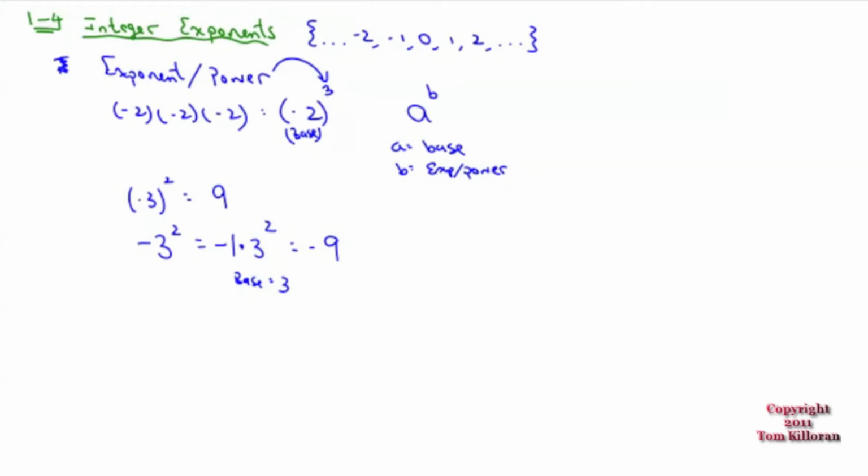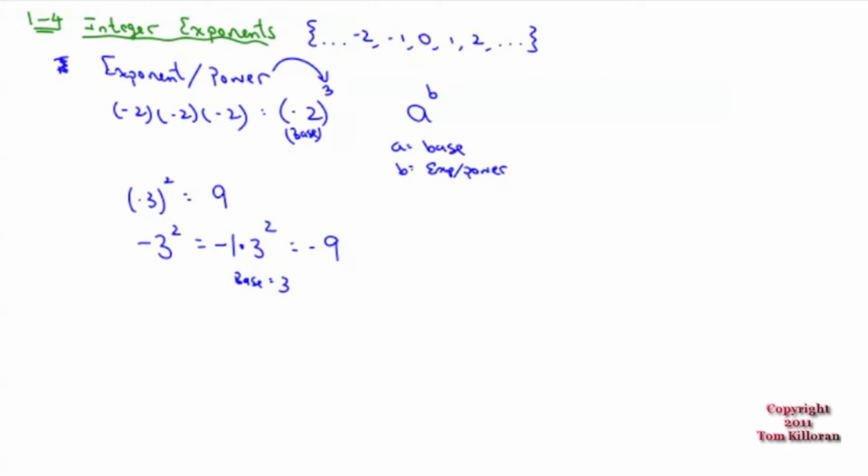Now, older calculators, I don't see anybody that has an older calculator. It was backwards calculation. You would type in 3 first, and then the negative, and then hit square, and your answer would come out positive 9. But these modern calculators are order of operations sensitive. So if you type in the negative first, the 3 second, and then you square it, your answer is going to come out negative 9.